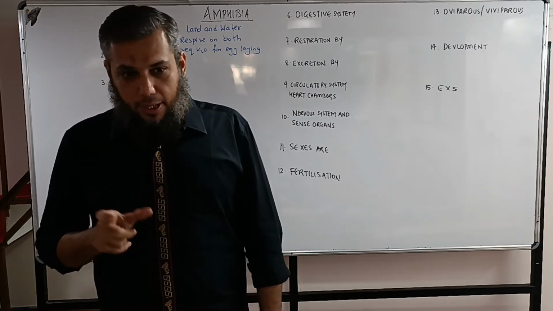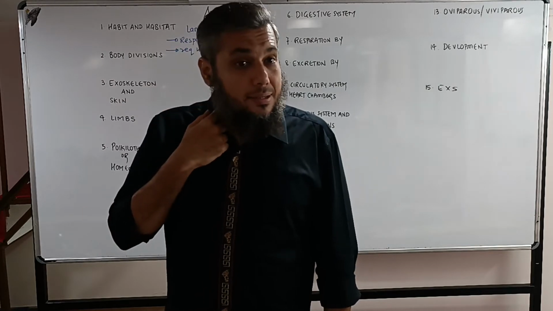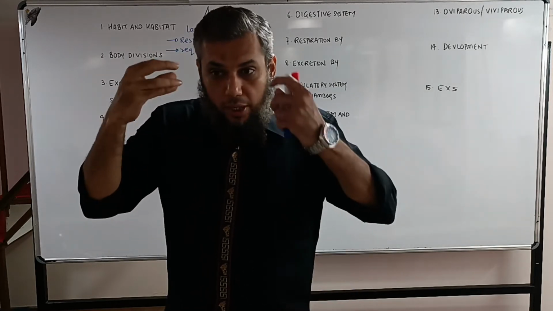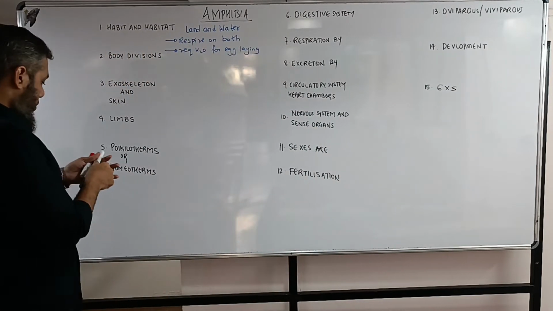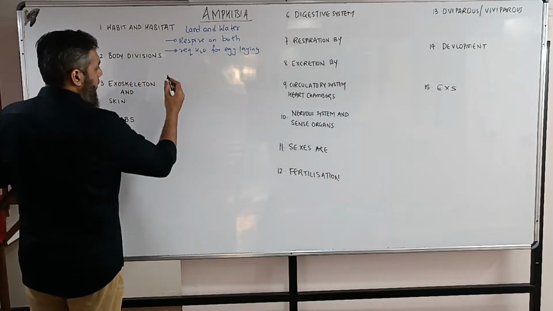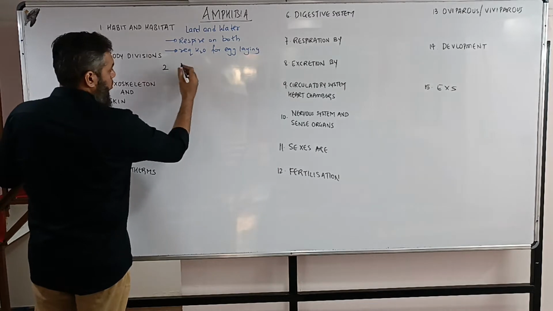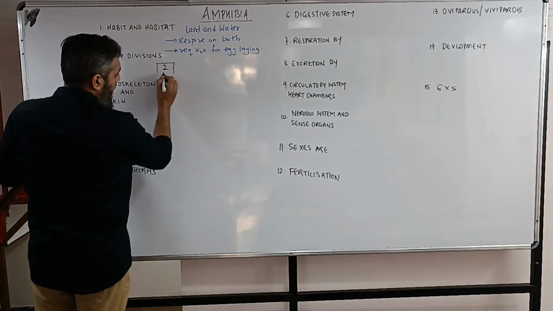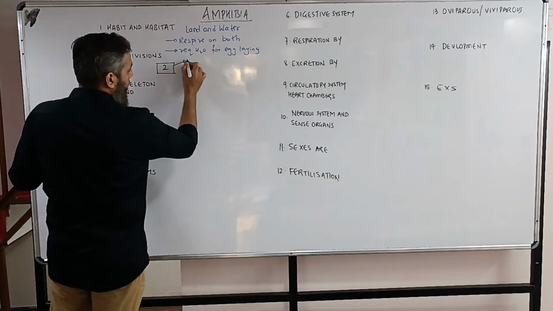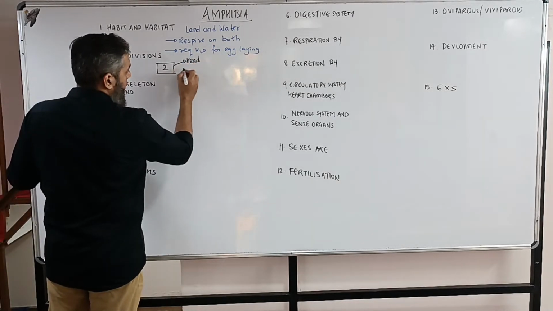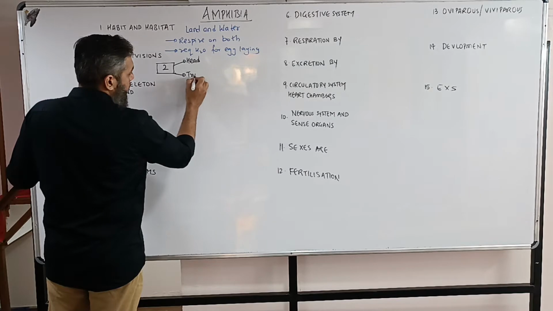One was head and the other is trunk. Neck is absent. That is why I told you where the eyes are located. Okay? So, their body divisions are 2. Number is 2. And what are the 2 parts of the body? Head and trunk.